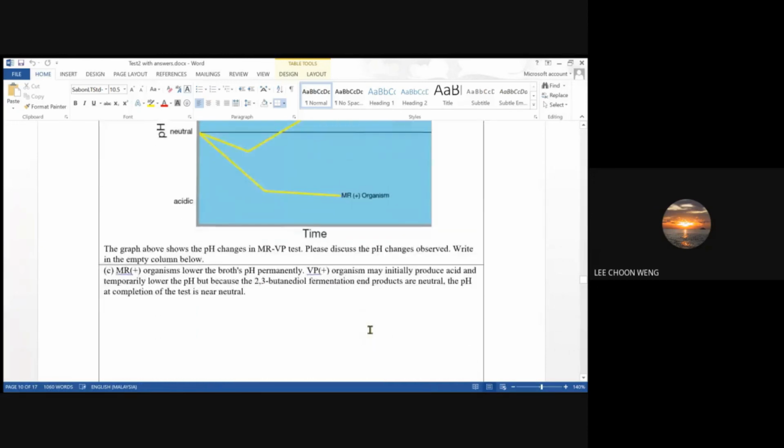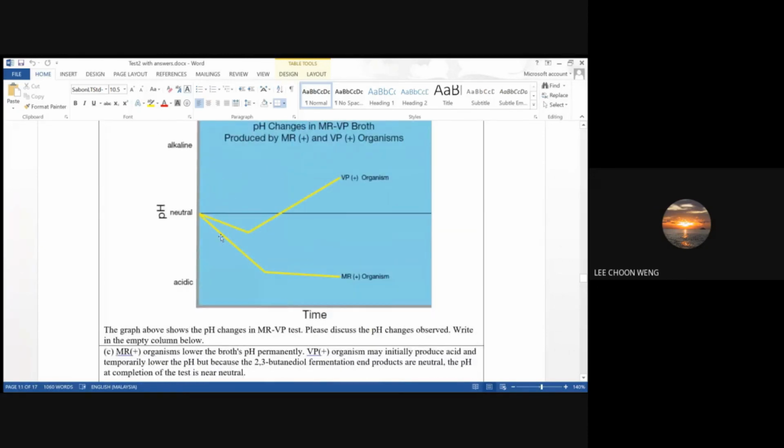Here we'll look at the MRVP test, the pH change. The main difference between MR and VP is that methyl red positive organisms ferment glucose and produce acid. The end product is acidic. That's why the pH decreases over time.